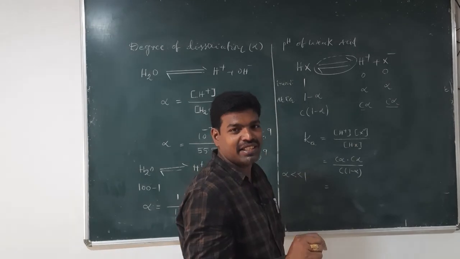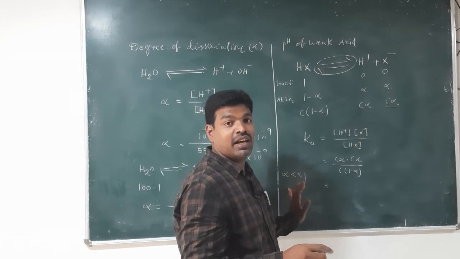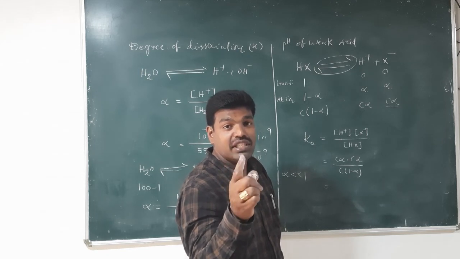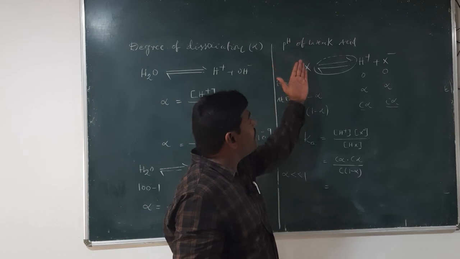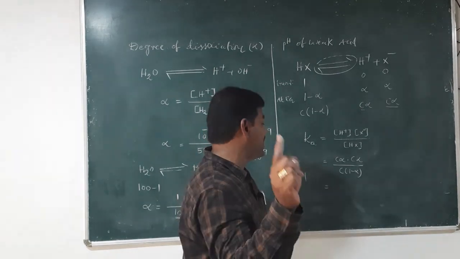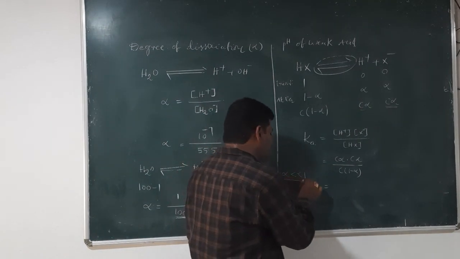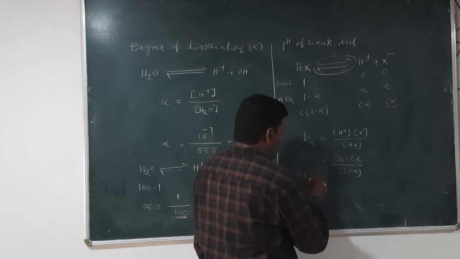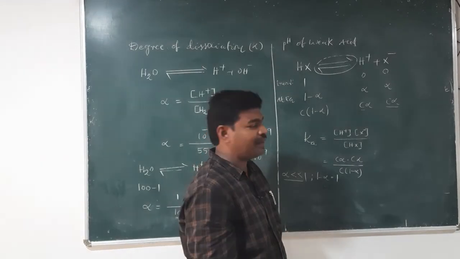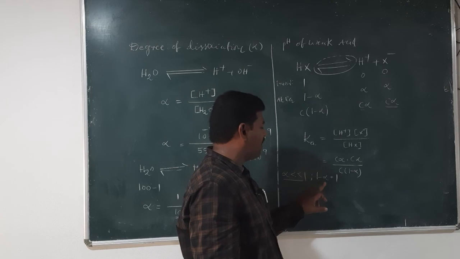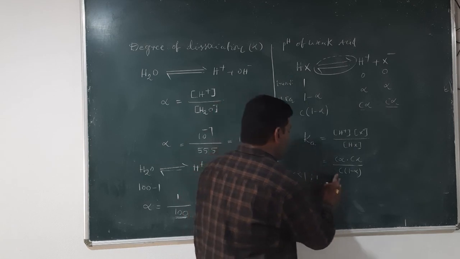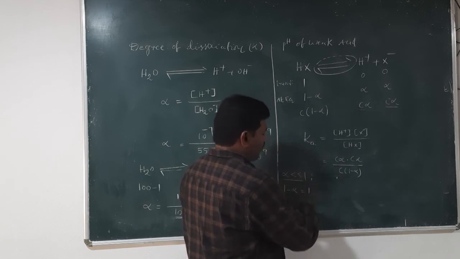That is why it is a weak acid; alpha is a measure of the degree of dissociation. Whenever alpha is less than 1, from the fundamental rules of mathematics we can take 1 minus alpha as 1. So 1 minus alpha is equal to 1.